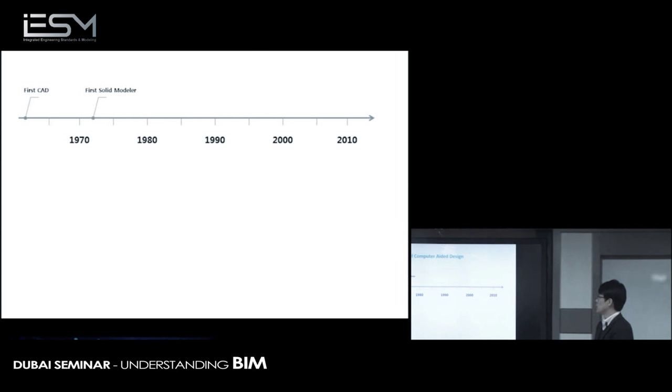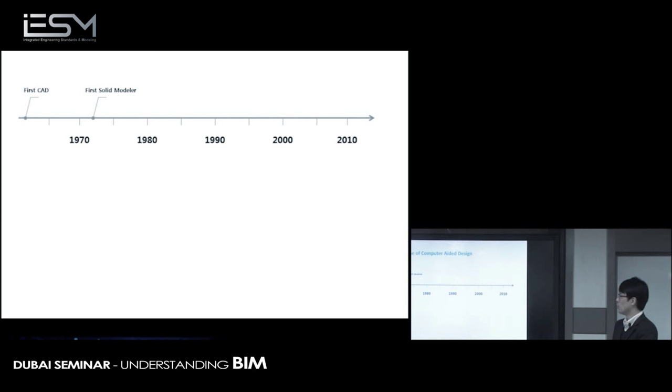First, CAD was introduced in the early 1960s. The first solid modeler in the architecture field was introduced, and also 3D building design by computers was introduced in the middle of the 70s. And also some more events. CATIA, a complicated parametric modeler, was invented in the early 80s.